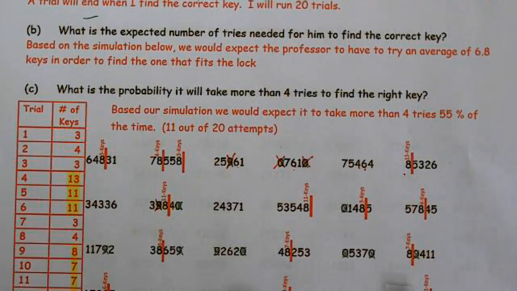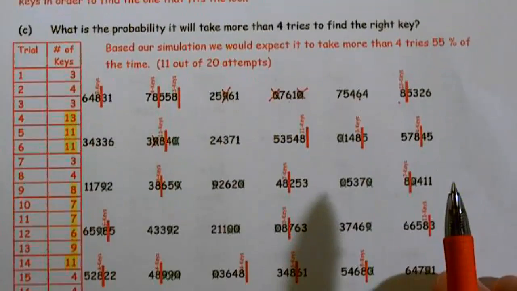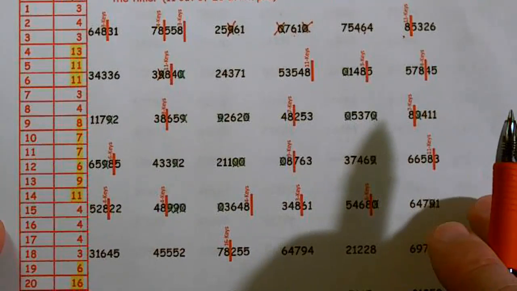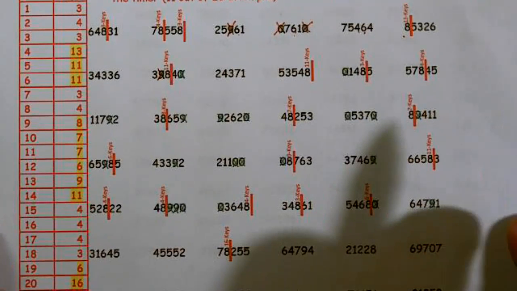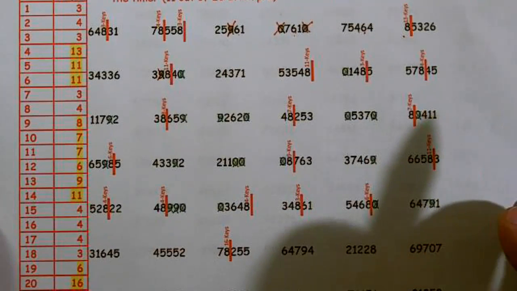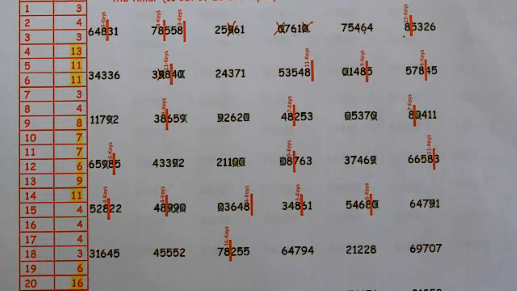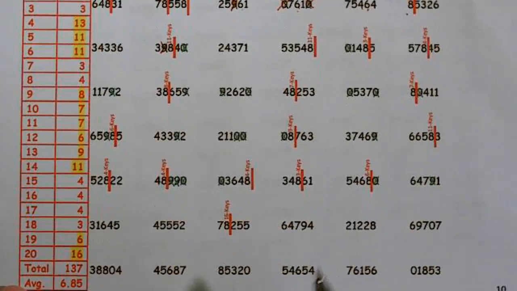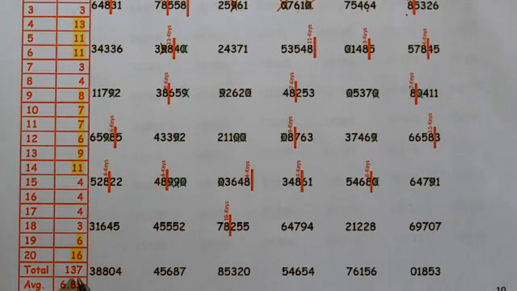Okay, so this was what this actually looked like. I'm going to put this up on the screen so you can see it, and you can pause it and write that down. And when all said and done, he tried 137 keys.